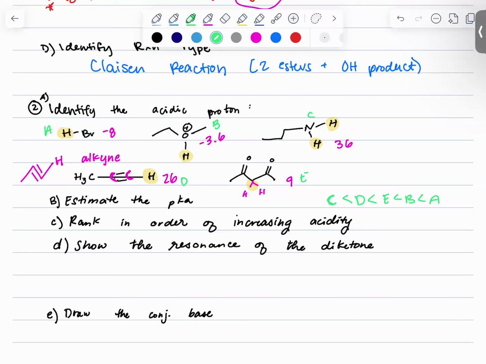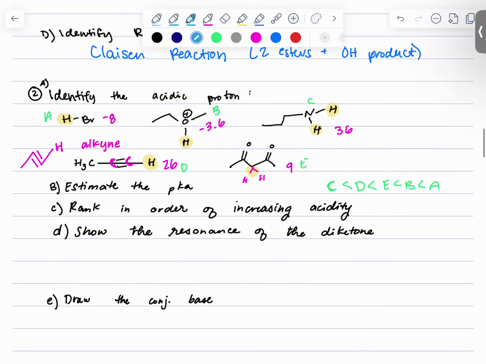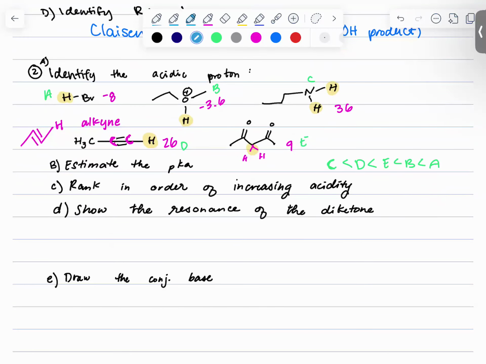So something that has an effect on our pKa is resonance. Resonance is the delocalization of electrons. The only structure that we have here that can have some resonance structures worthwhile is this diketone. When we're doing resonance structures of acidic protons, we're going to look at the conjugate base. So what does the conjugate base for this look like?